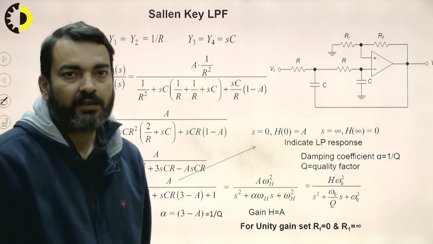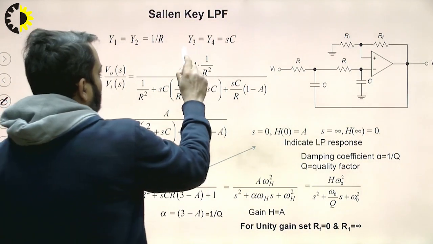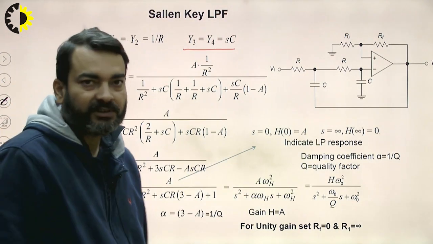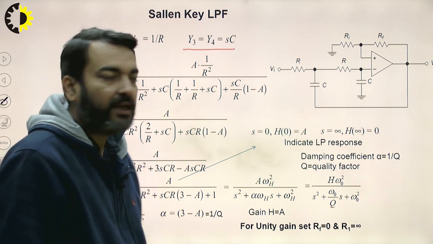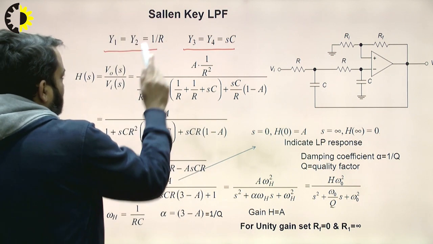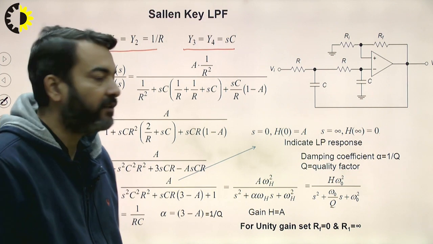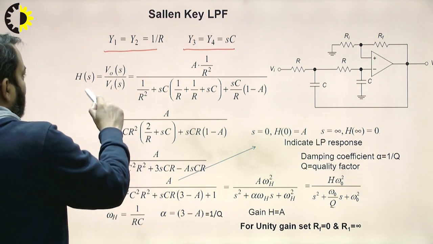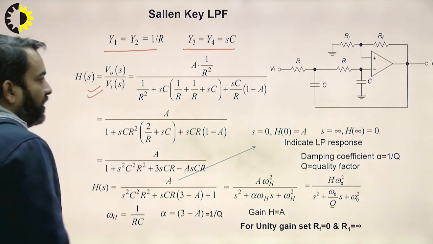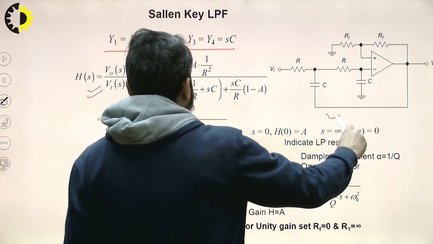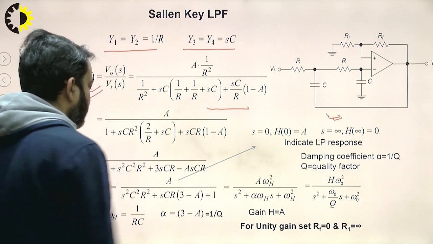So here we have taken Y3 and Y4 as capacitive admittances, Y1 and Y2 as resistive admittances. So putting these values, we will get the transfer function of this circuit as this much.